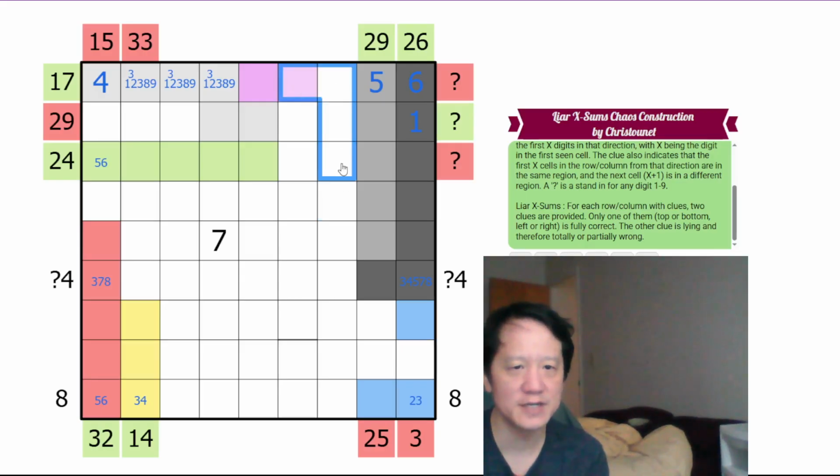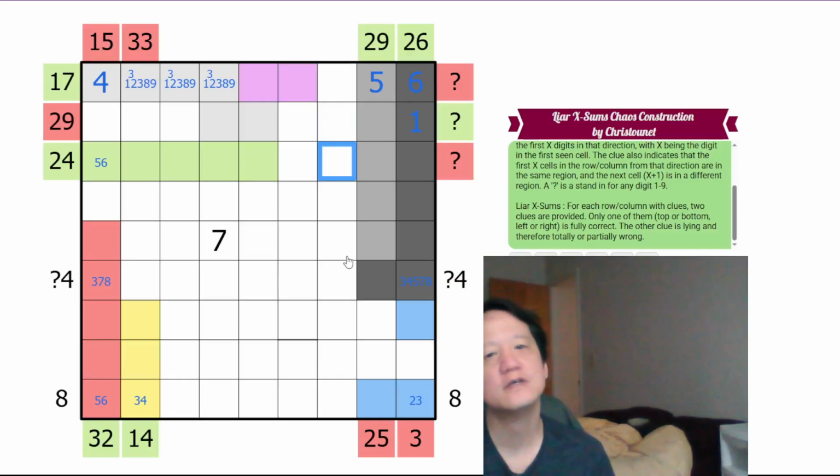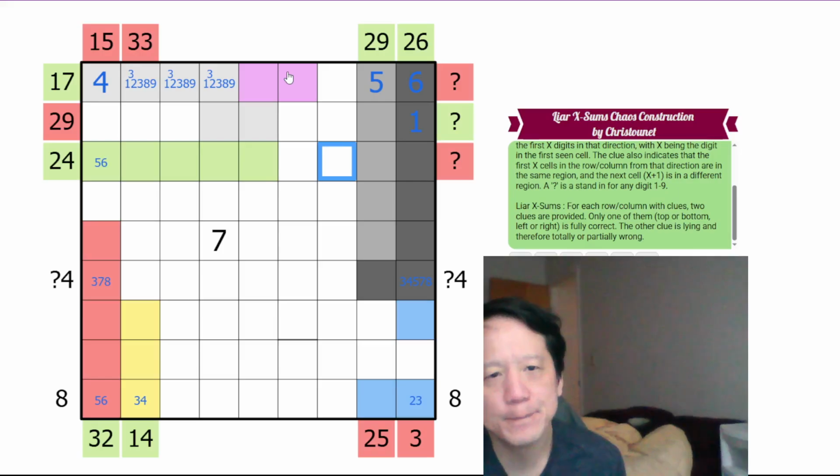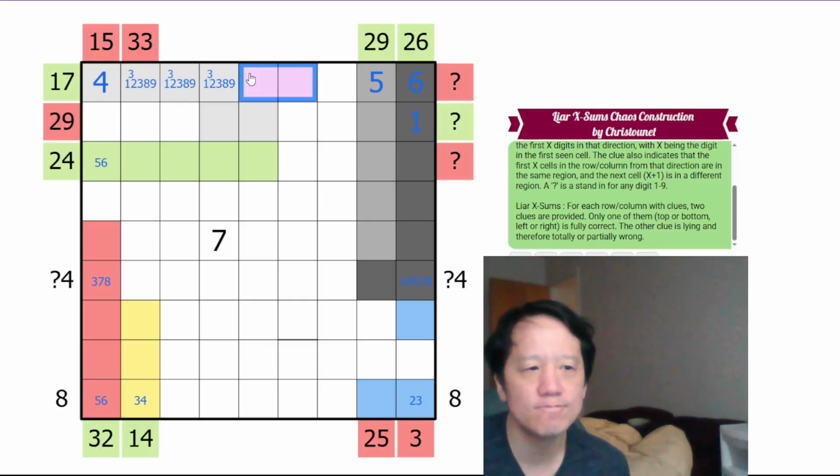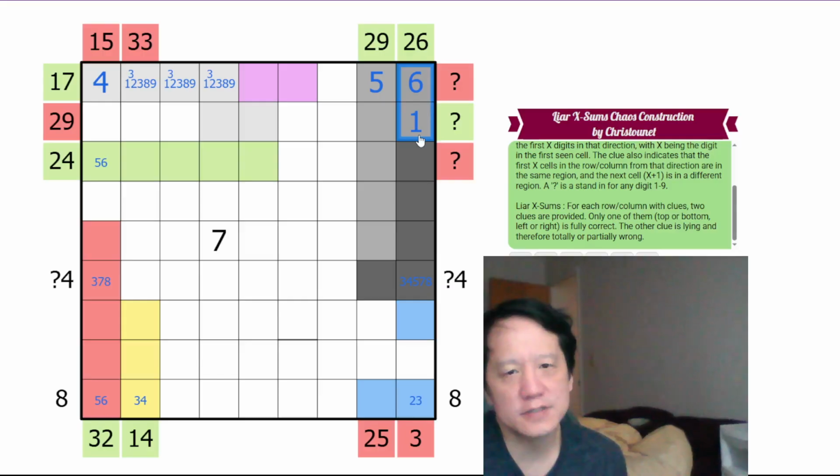Which means it must exit out. So it has to go something like that or something like this. These are different regions then. So far this is looking okay though. This is 7.